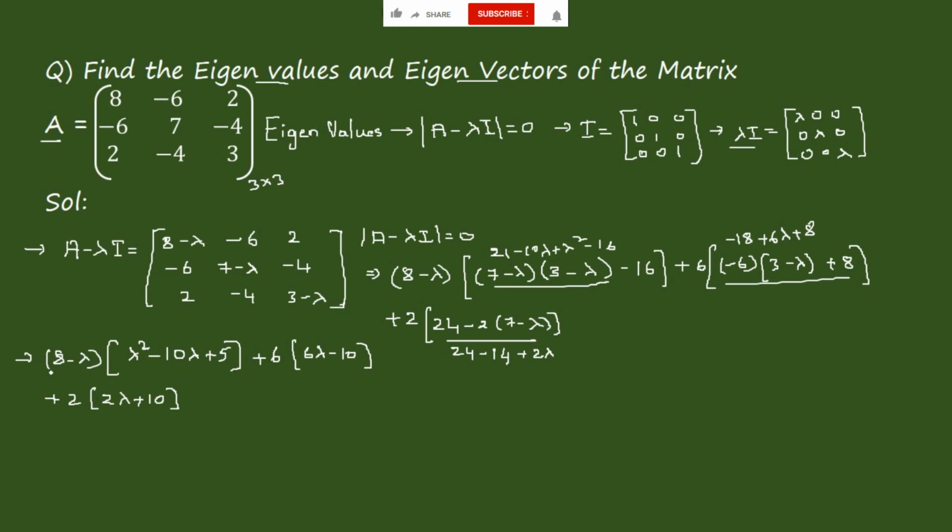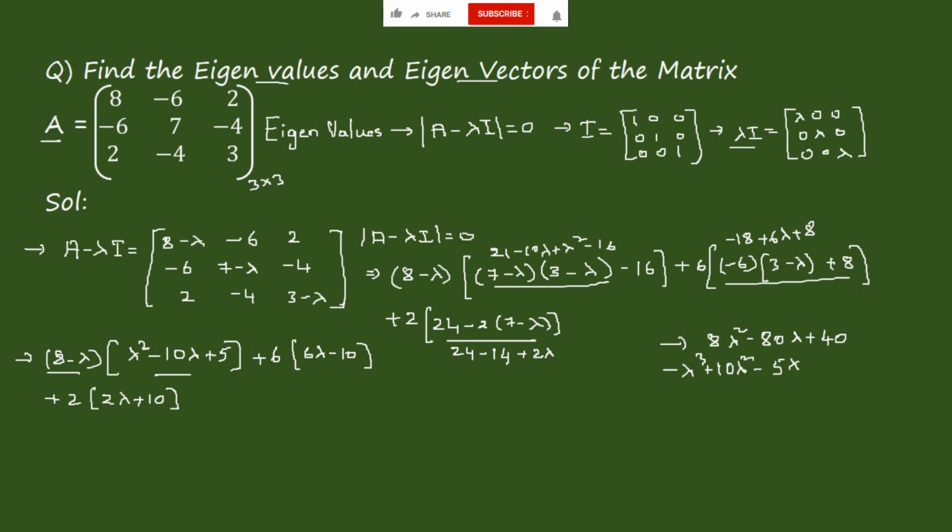Again we have to multiply this value with this one, so individually we'll be doing it. It becomes 8 into lambda square minus 80 lambda plus 40. Again it becomes minus lambda cube plus 10 lambda square minus 5 lambda.